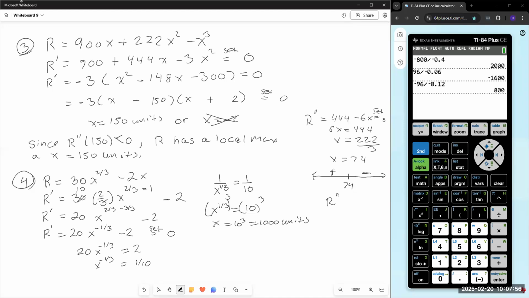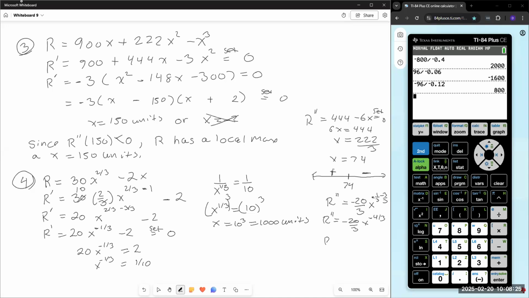So R prime was 20x to the negative 1/3 minus 2. So our double prime is going to be negative 20 thirds x to the negative 1/3 minus another 3/3. Our double prime is negative 20 thirds x to the negative 4/3.